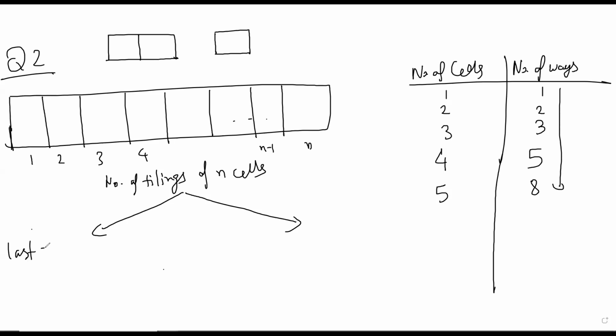So the last tile is a 1 by 1 cell. That's one possibility. And the other possibility, which is a different case and the only other case, obviously, is that the last tile is a domino.